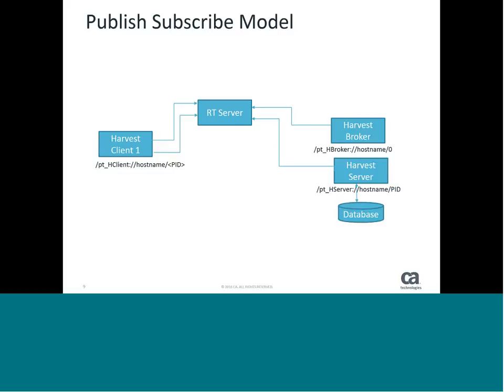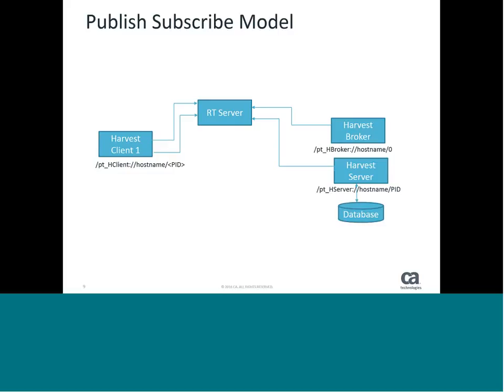As soon as he enters the broker name and the credentials, the request will go to the RT server. Since the client has sent that packet to the broker, the RT server will find all the clients who have subscribed to receive messages intended for the broker. Then it will find that the broker has subscribed, and it will forward that request to the broker.